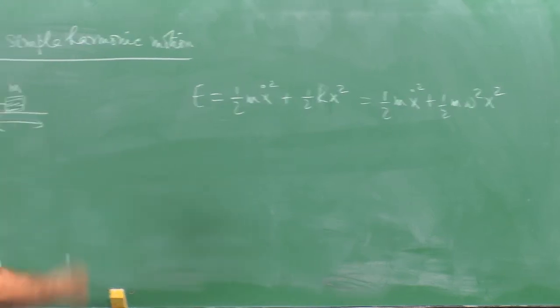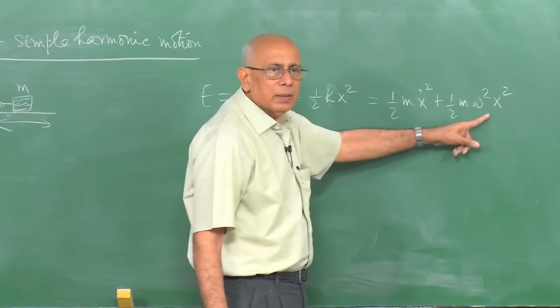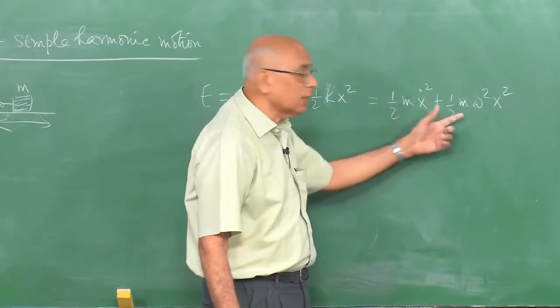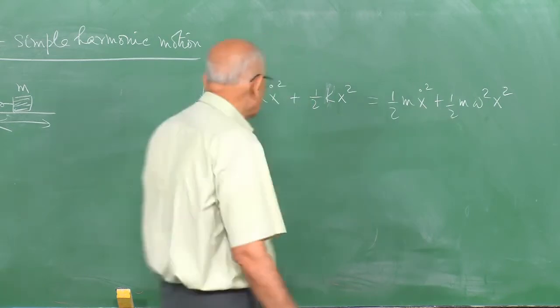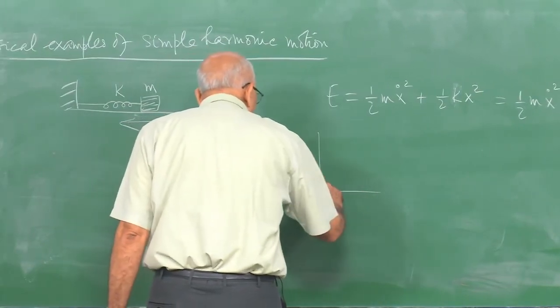That is a much better way of writing this, because it immediately brings out this quantity here, and then the ratio of the frequency squared is of course the ratio of these coefficients, and m cancels out and you get omega squared.